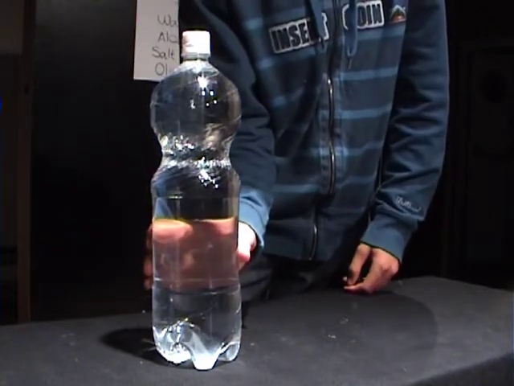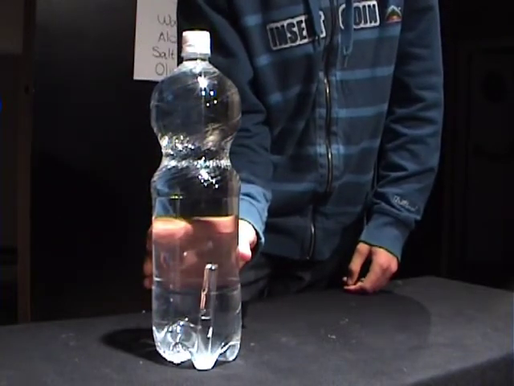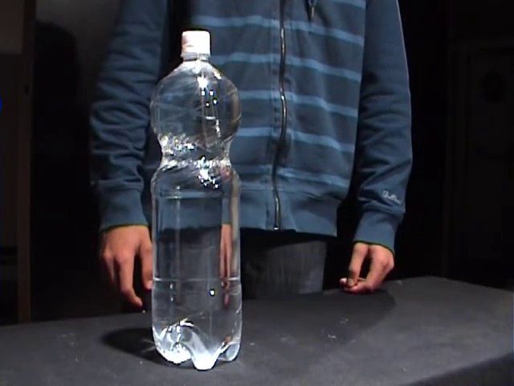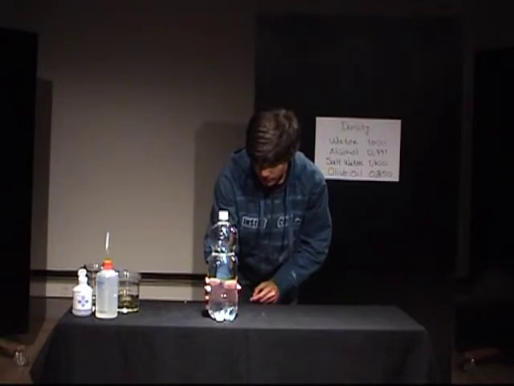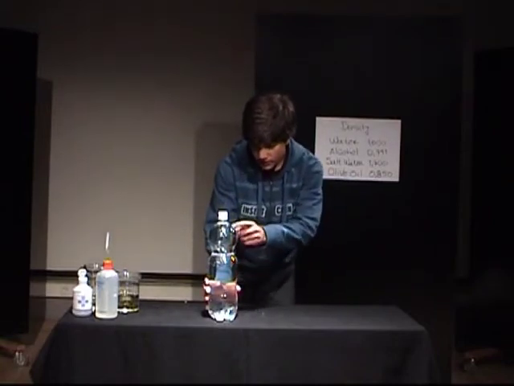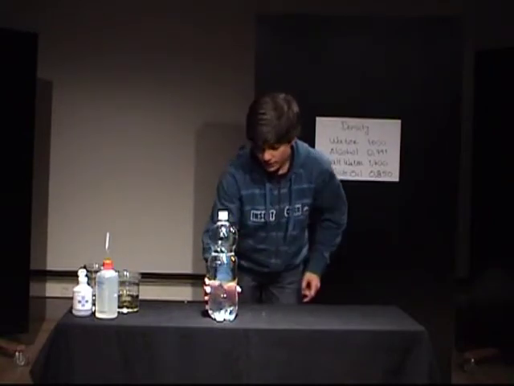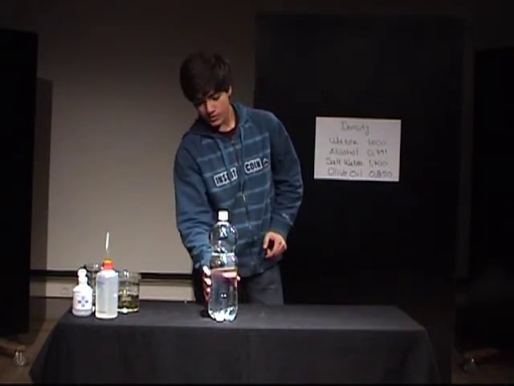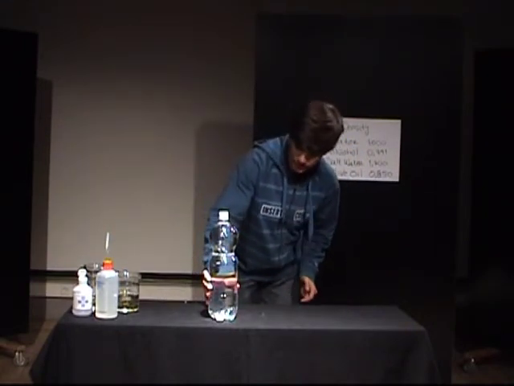It happens because there is air inside the test tube, and when I press the plastic bottle, the water enters the test tube and increases the mass of the test tube and increases its density.